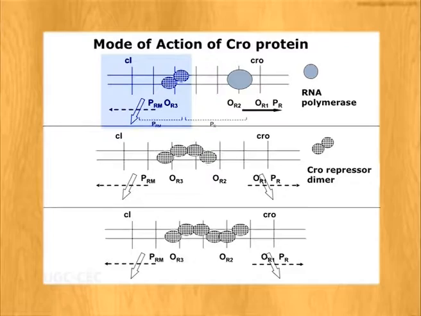So when Cro protein concentration is more than C1 protein, Cro will bind to the OR3 region and block the PRM promoter, but it will allow its own synthesis from the PR promoter. When more Cro is present, it will form a dimer with the existing Cro, and when even more Cro protein is present, it will completely inhibit its own synthesis.